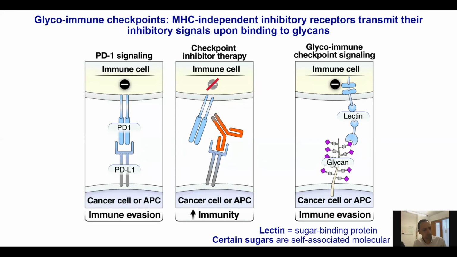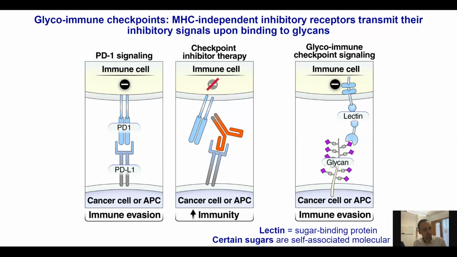Again, let me start this part by telling you that every immune cell expresses several sugar binding proteins, also called lectins, on their cell surface. The binding between some of those lectins expressed on the immune cells and certain sugars on the surface of target cells plays a very important role in the ability of these immune cells to recognize and target these target cells.